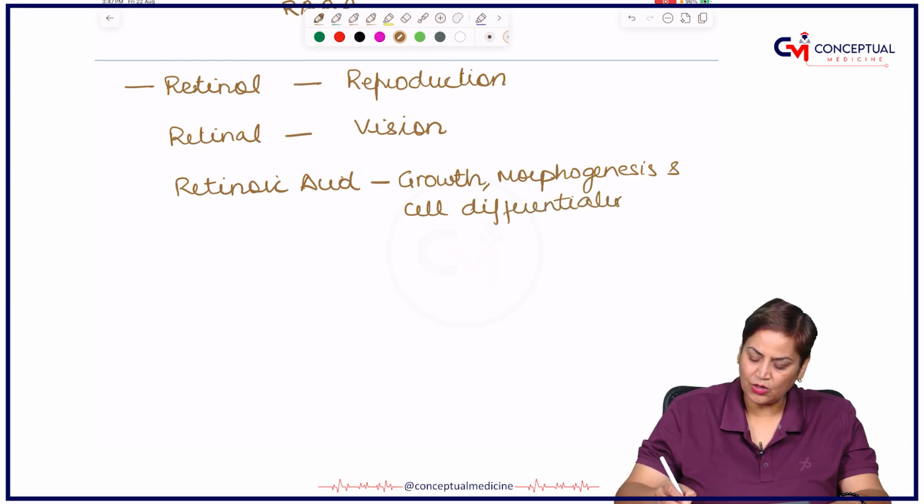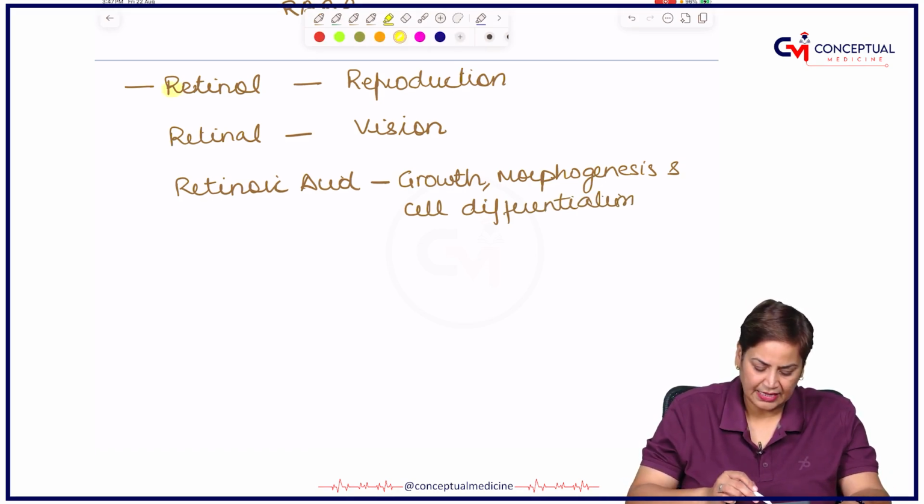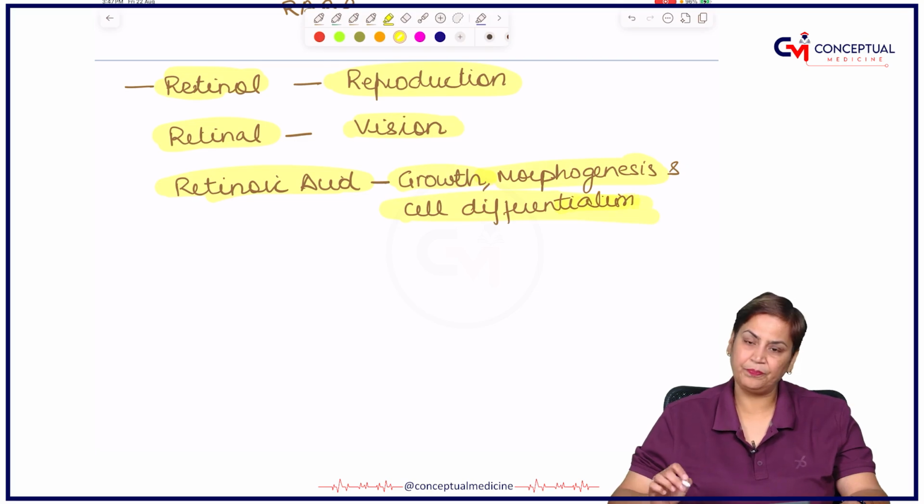So you can see that all the three forms have different functions. We can say that retinol helps in reproduction, retinal helps in vision, and retinoic acid helps in growth, morphogenesis and cell differentiation.